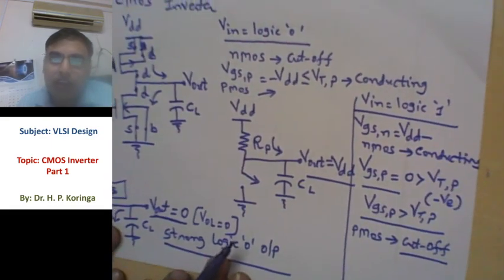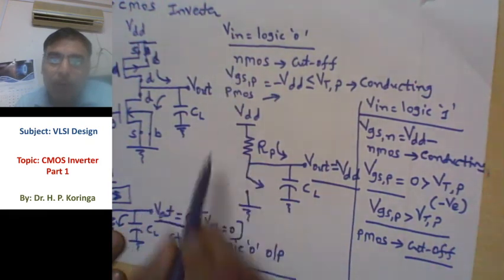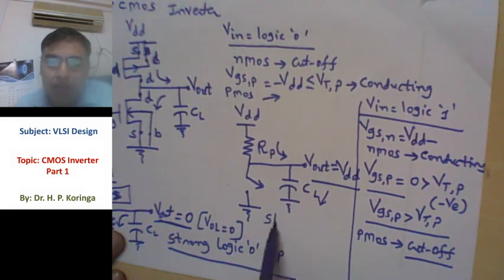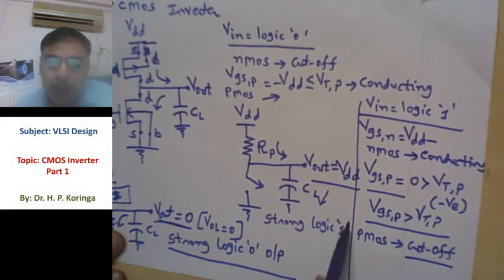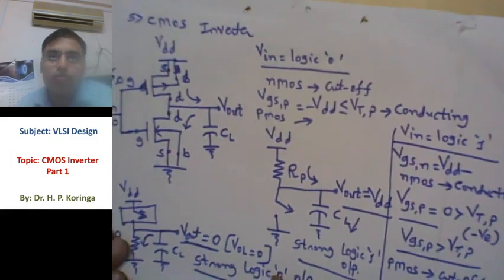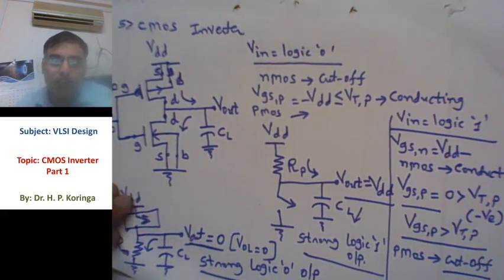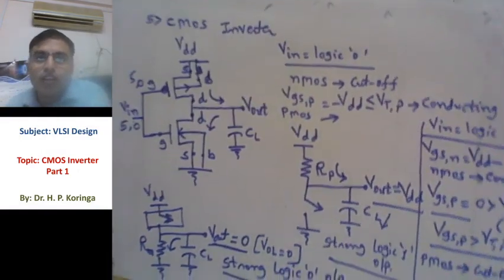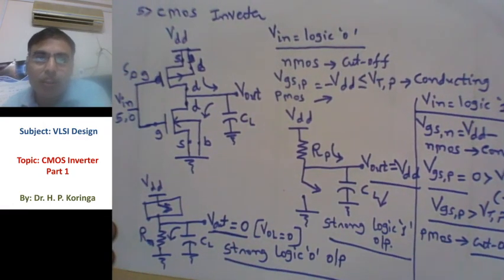And when input is logic 0, it produces output VDD. That means it is a strong logic 1 output. So this is one of the advantages of the CMOS inverter, which has a strong logic 1 output and a strong logic 0 output, right? This is the beauty of a CMOS inverter.